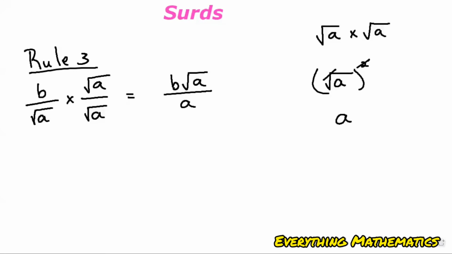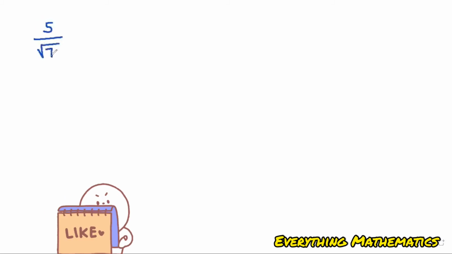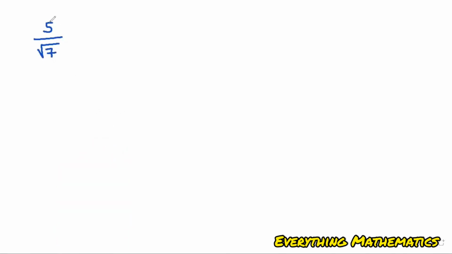So let's see if we could do a few examples. Imagine we have, for instance, 5 over root 7. Once you understand it, it's a very simple concept. So 5 over root 7, we try to rationalize that. We multiply by root 7 at the top and root 7 at the bottom.